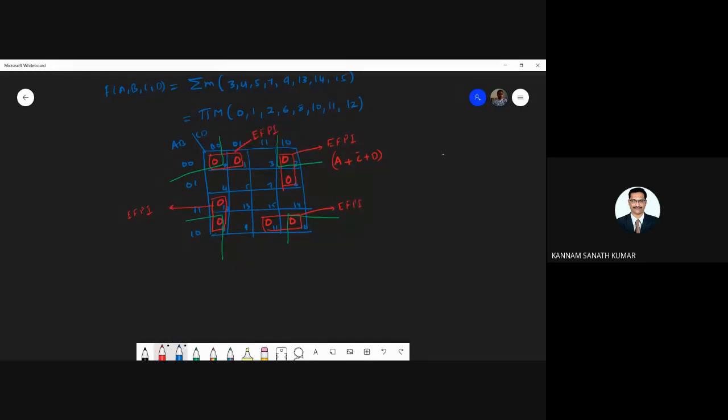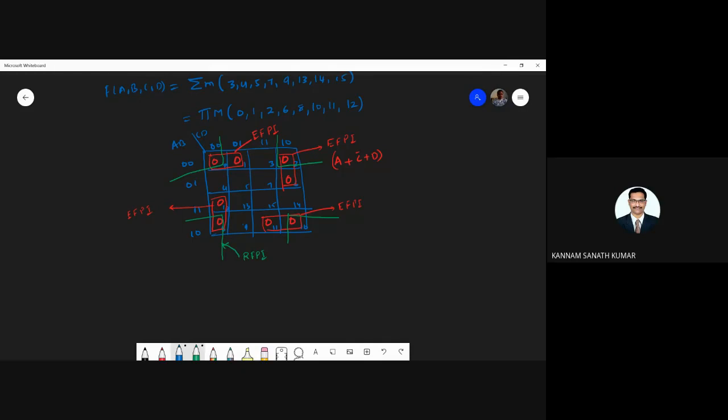So if you observe this one, this is nothing but redundant false prime implicant. Redundant false prime implicant is nothing but the prime implicant whose each zero is covered by at least one essential false prime implicant.